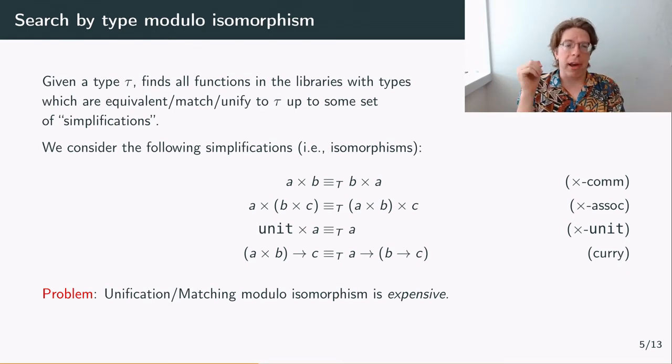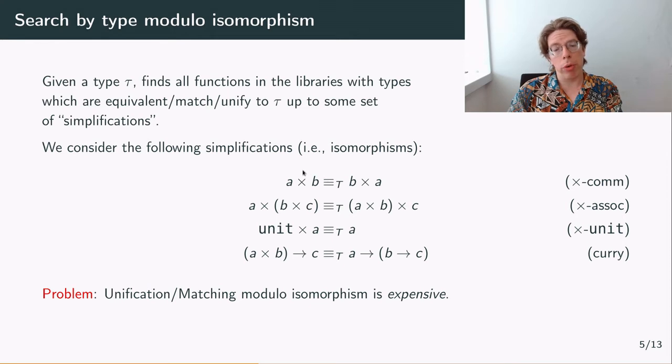Given a type tau, it finds all functions in the libraries with types which are equivalent to tau in some capacity, either equivalent, matching, or unifying, and with a set of simplifications, which we call isomorphisms. Here we will choose four isomorphisms.